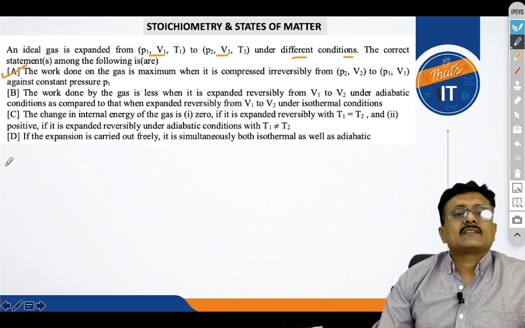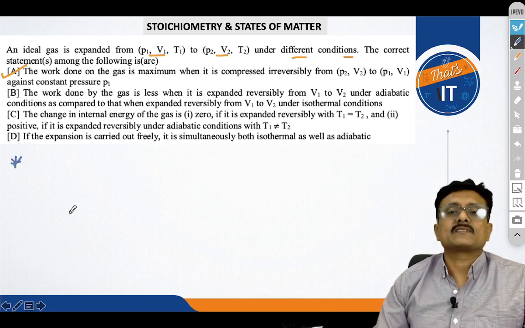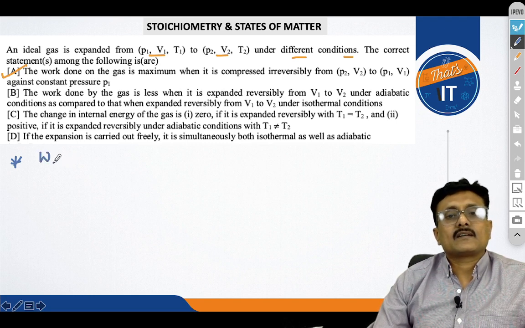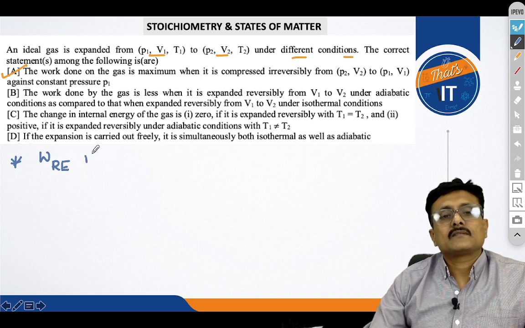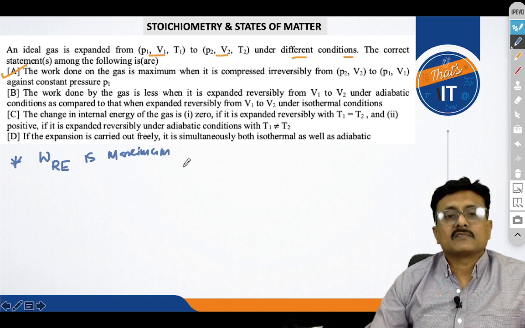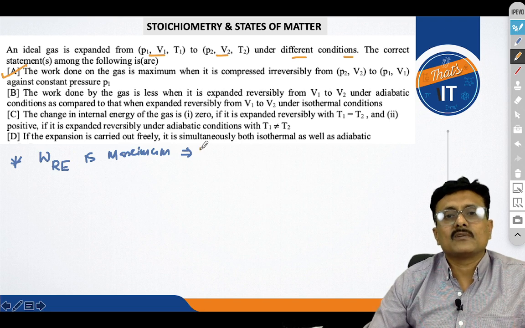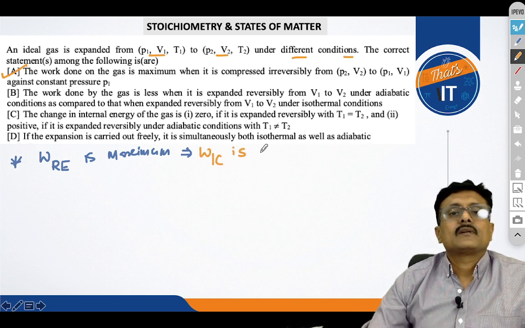Why do we actually study the contrast of it? We study it like this: work done in reversible expansion is maximum. Therefore, in converse, in opposite to it, we write this statement that work done in irreversible compression is maximum.